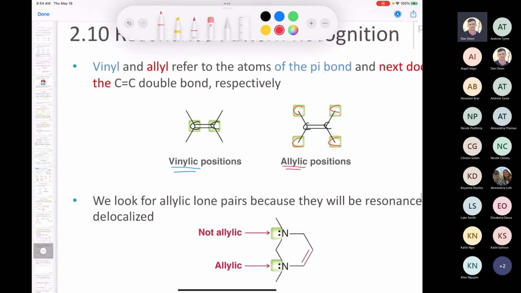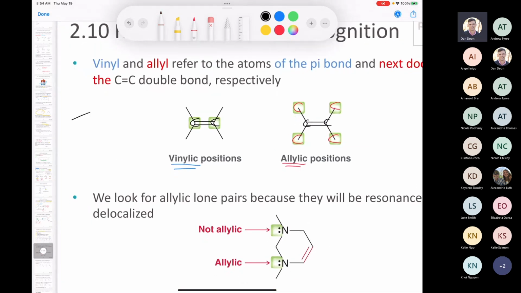Okay, so the reason we called this an allyl carbocation is because you had a pi bond and then 1 carbon away from it. So we call that an allyl group. All right, so you've got to be able to recognize allylic positions and vinylic positions.